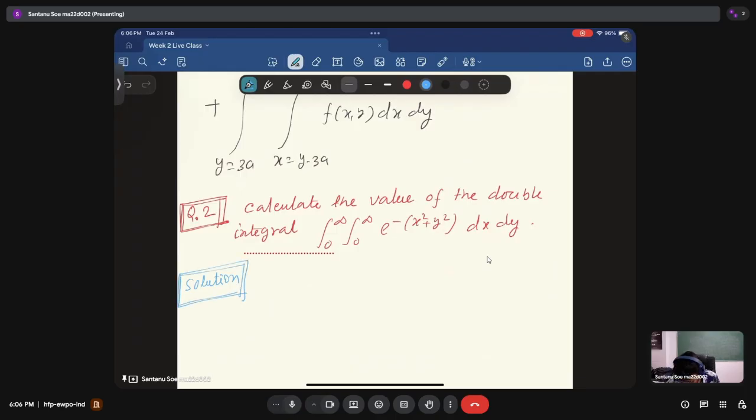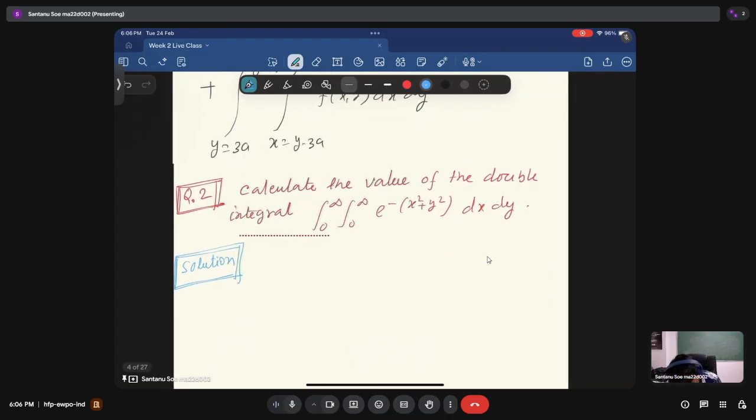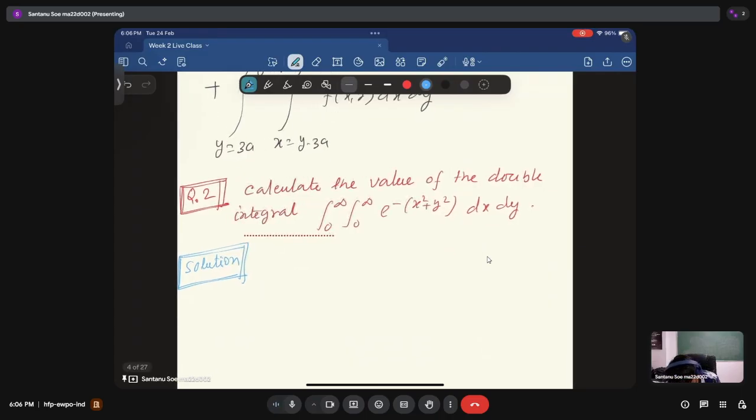Okay, so to use polar form, first try to see that the integration is performed on this region. So here this is our y-axis, and this is our x-axis, and this is the whole region.